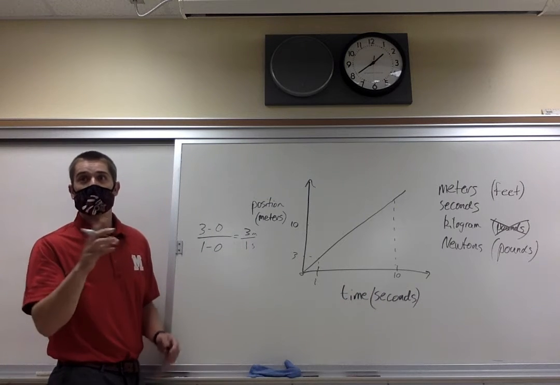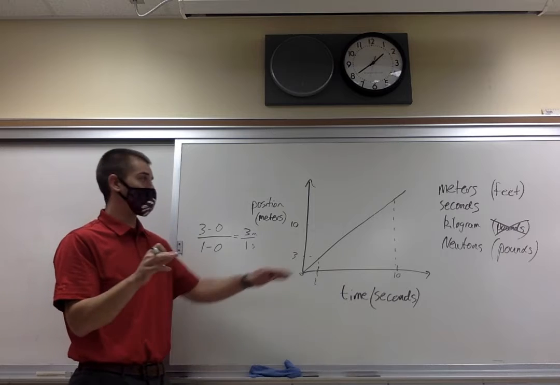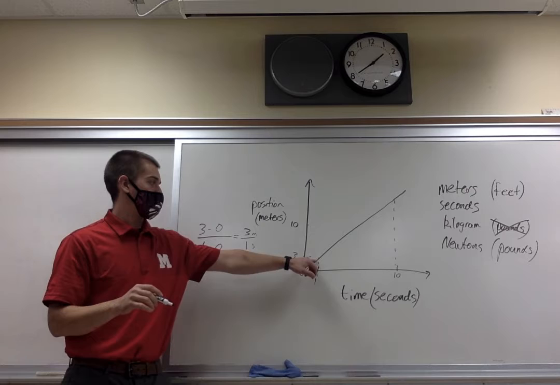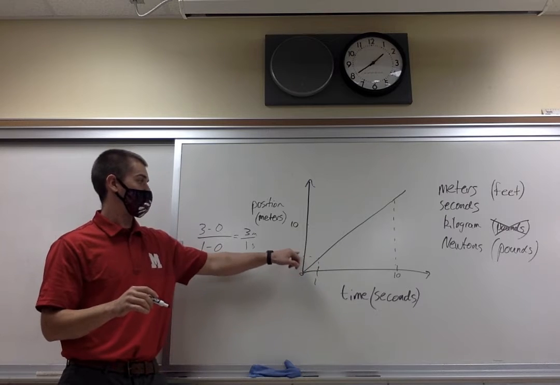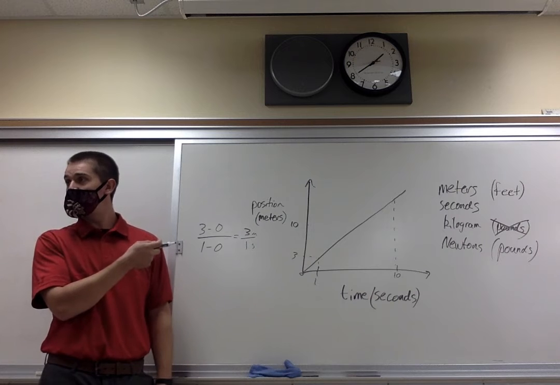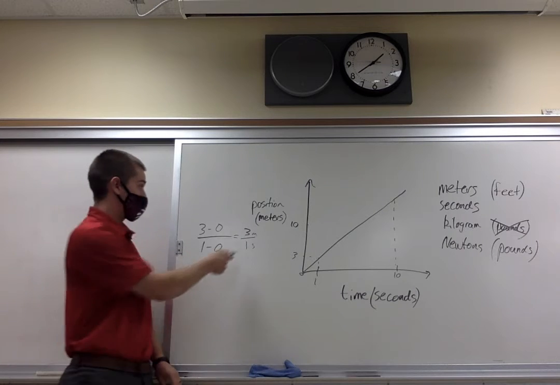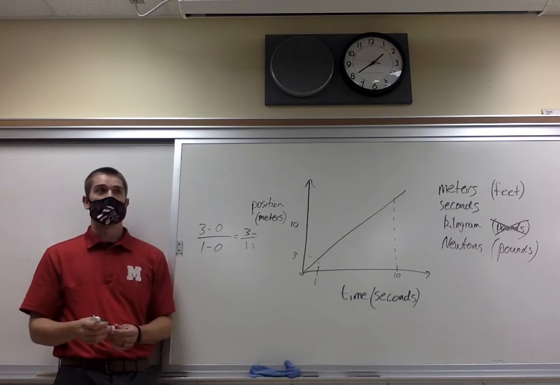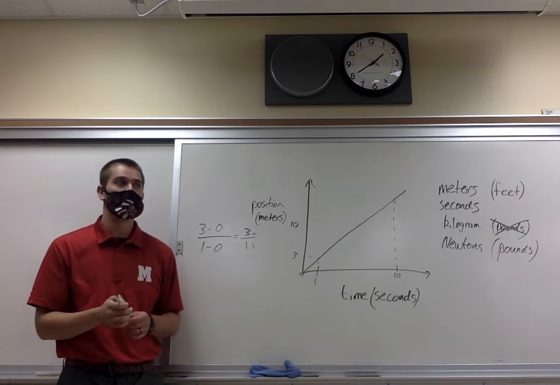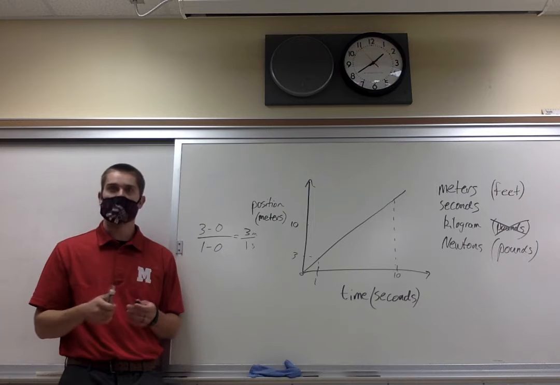So this is a really key concept that should be fairly straightforward. If I look at the change in my position, how this changed versus how it changed in time, all that is the slope of the line. What is this quantity? The math told us it was 3 meters every second. Well, what is that?